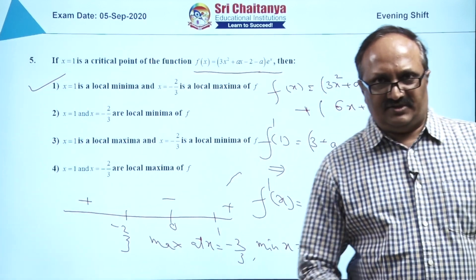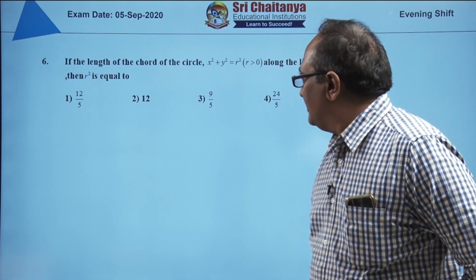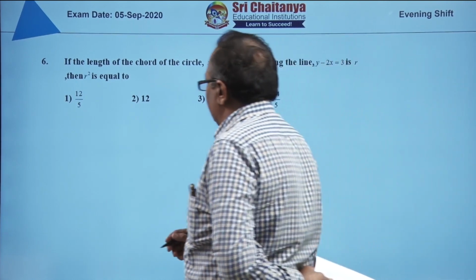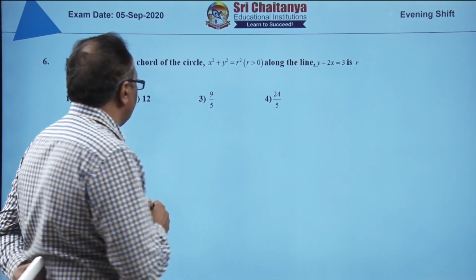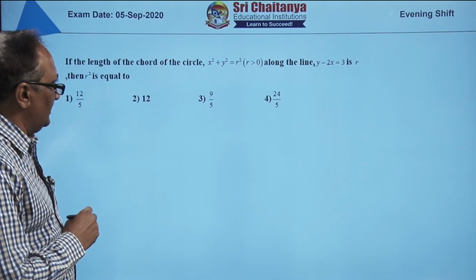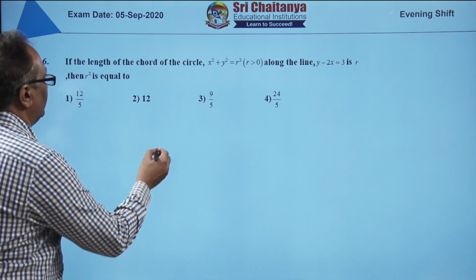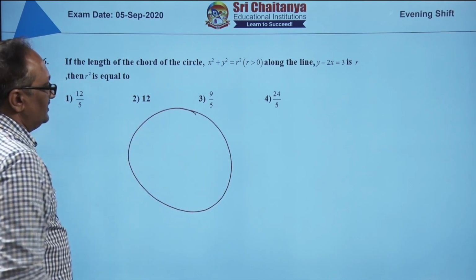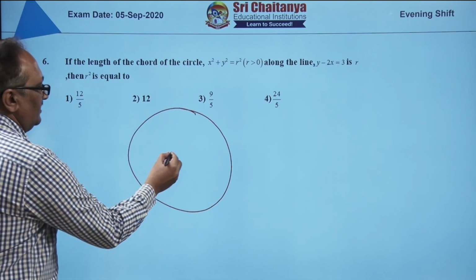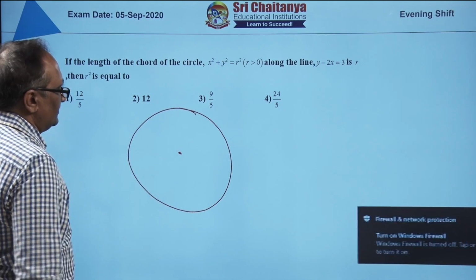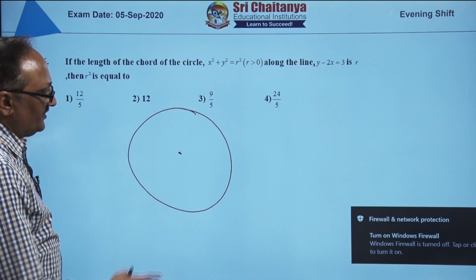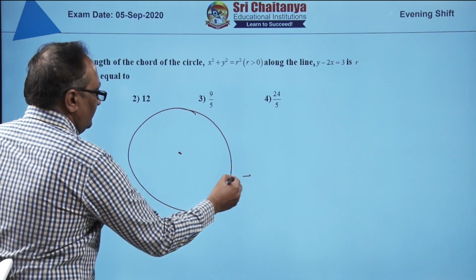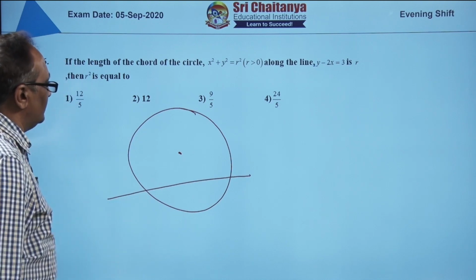Coming to sixth question. It is a question based on circles with a simple concept. If the length of the chord of the circle along the line is r, then they are asking for the r square value. The circle is given with center at origin, radius r units, and a line is given, the length of the chord is also r.